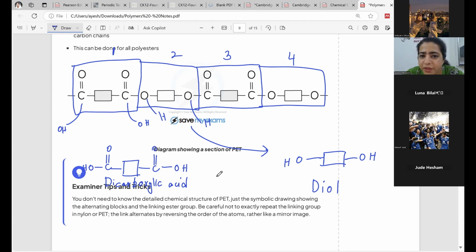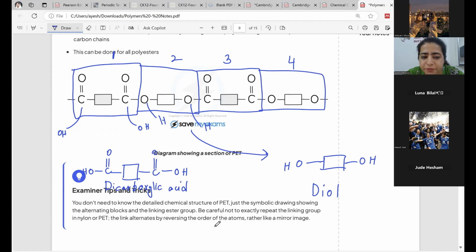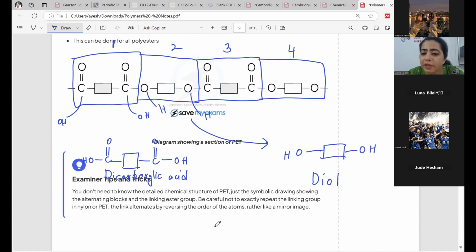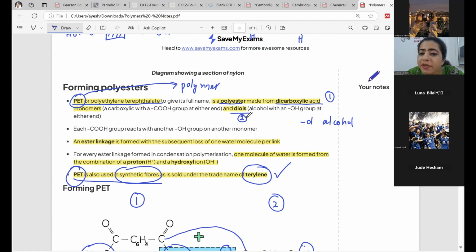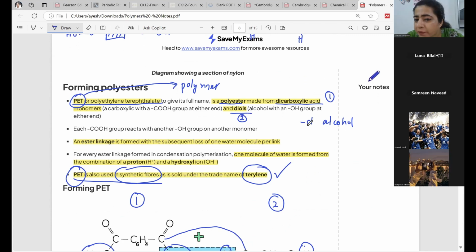Miss, when we were learning the terminology for the functional groups, we said that alcohols end in anol, right? So why isn't it dianol? Why is it diol? Alcohol is basically, we end its name with OL.